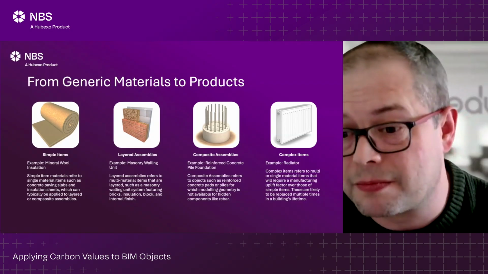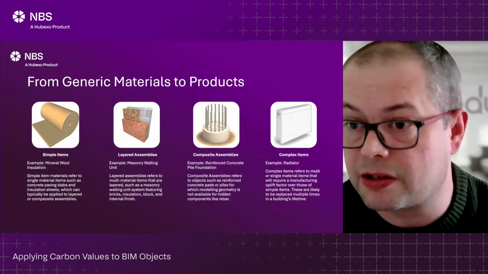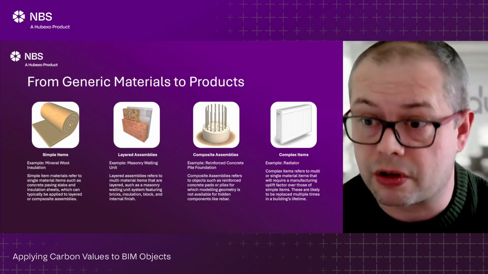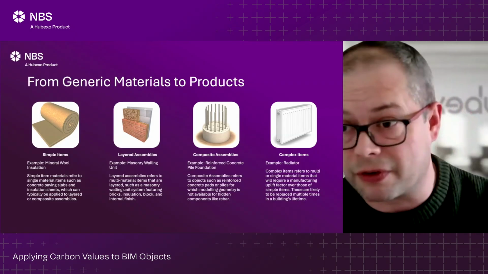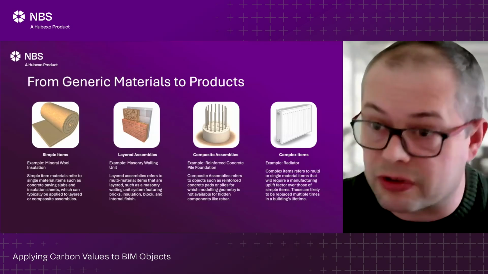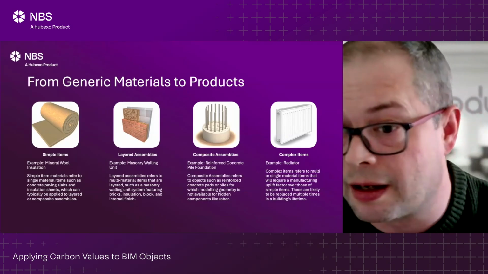There are then complex items. These are slightly different from simple items in that you need to apply a manufacturer uplift. They are off-the-shelf products that you can buy from a merchant, like mineral wool insulation. You could go and buy a radiator just as easily from a builder's merchant, or direct from the manufacturer in some cases.